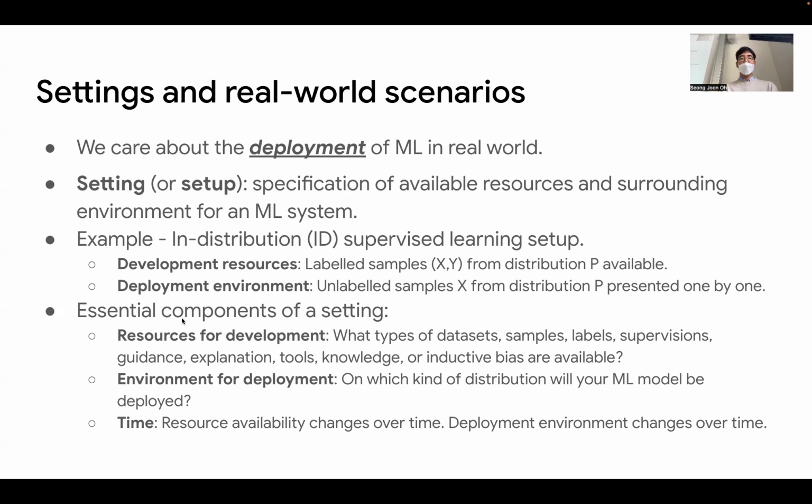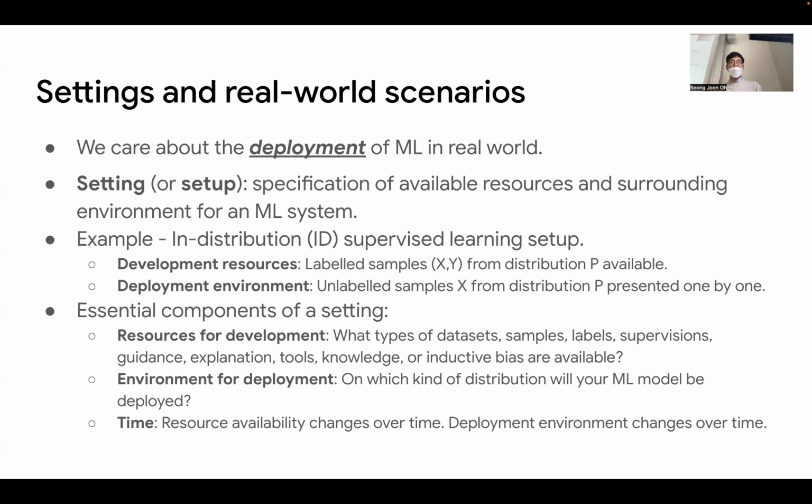And what are the essential components when you specify a setting? You have to specify the resources that are available for development, for example, datasets, samples, labels, what kind of supervision is given, guidance, explanation, tools, knowledge, or even inductive bias. These are all part of your resources for development.